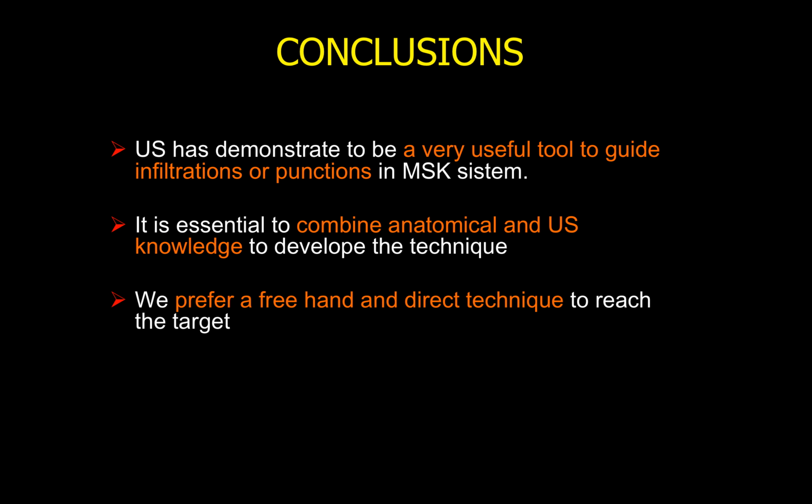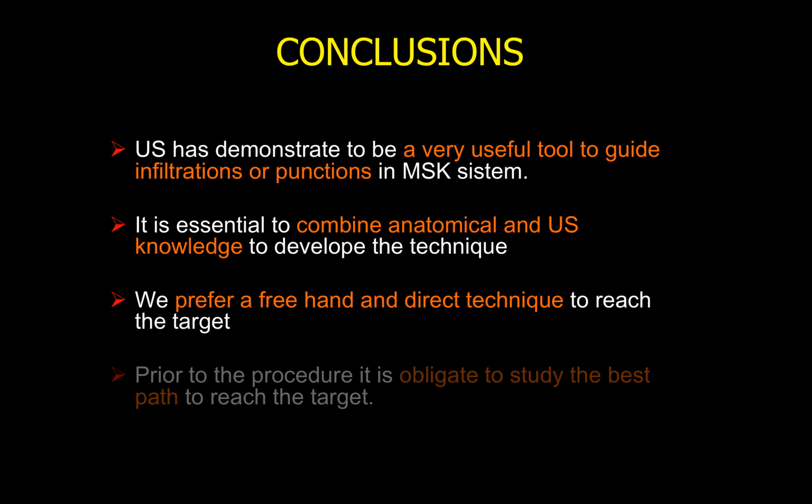We prefer a freehand and direct technique to reach the target, but always remember to take advantage of both axes. We have to move the transducer to see that we are at the center of the target. And prior to the procedure, it is obligatory to study the best path to reach the target.